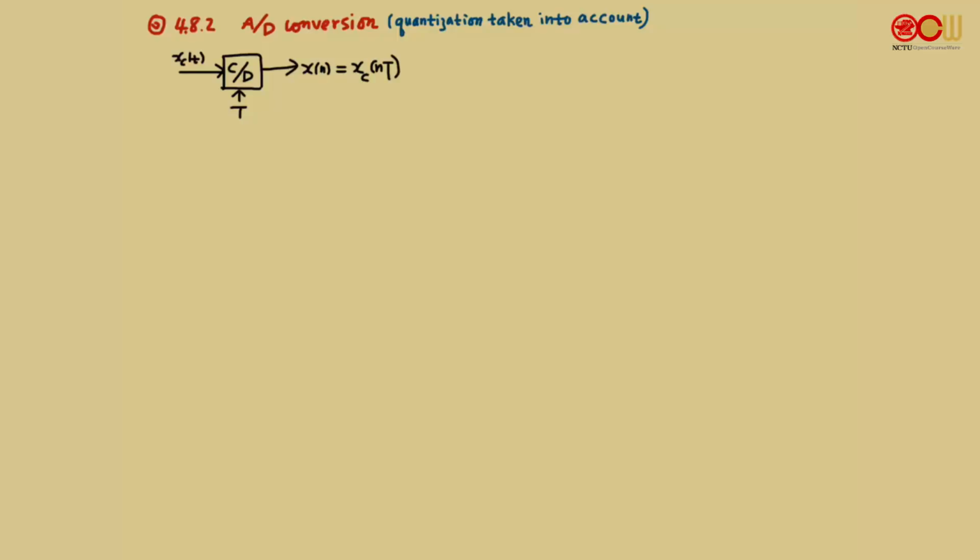Okay, but after sampling takes place, the samples will be stored in a computer. So how would the samples stored in the computer be exactly the same as xc(nT)? Can we store these numbers exactly in the computer?